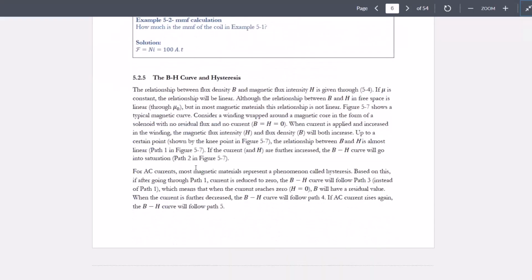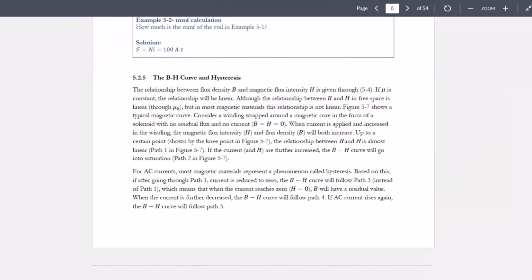So we said that there is a certain relationship between B, magnetic flux density, and H, which is magnetic field intensity. And that relationship is through mu, right? If mu is constant, then the relationship between these two will always be a line. If mu is a constant, B is mu H, then mu would be the slope of the line that has H on the horizontal axis and B on the vertical axis, right?